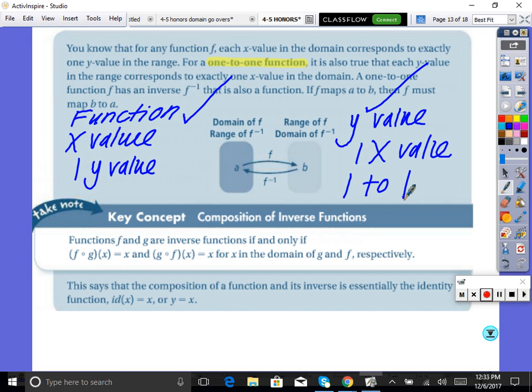When you found the inverse, you got plus and minus the square root of x minus 3. Is the inverse a function? No. So that means x plus 3 squared is not 1 to 1. You say it's a function, but it's not a 1 to 1 function.